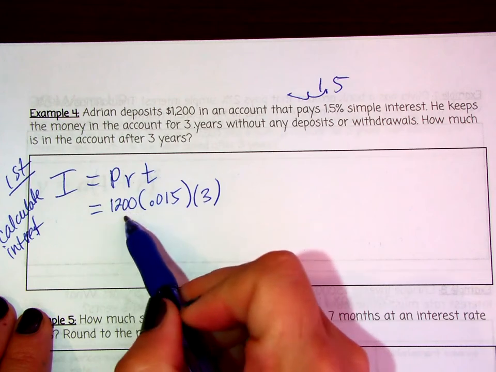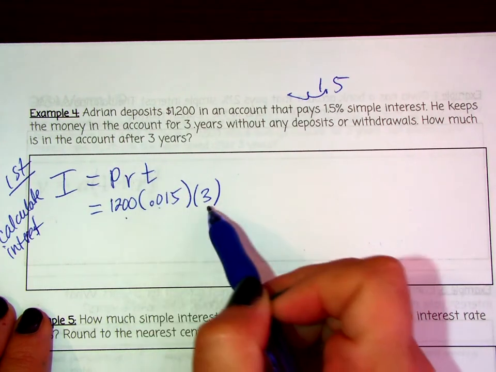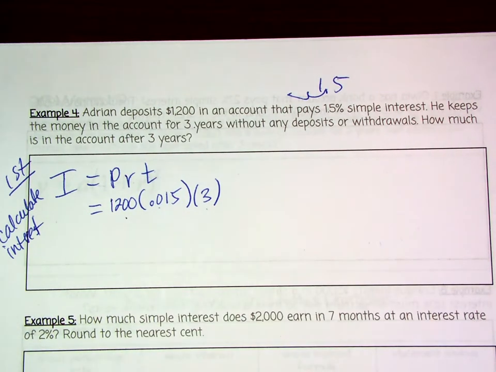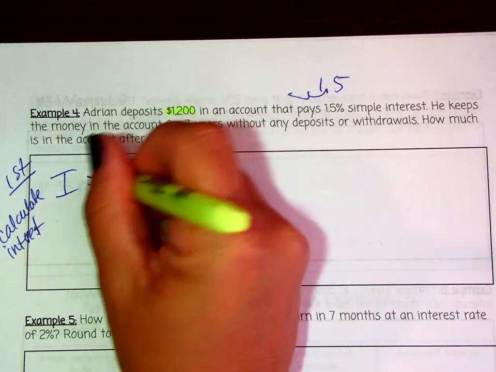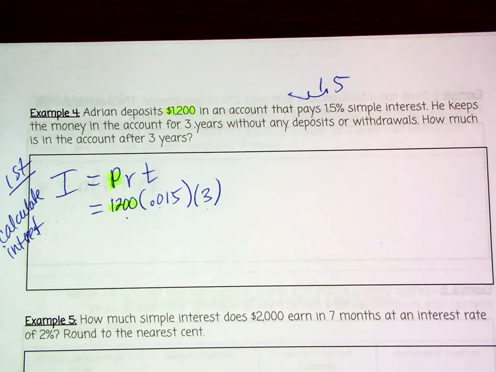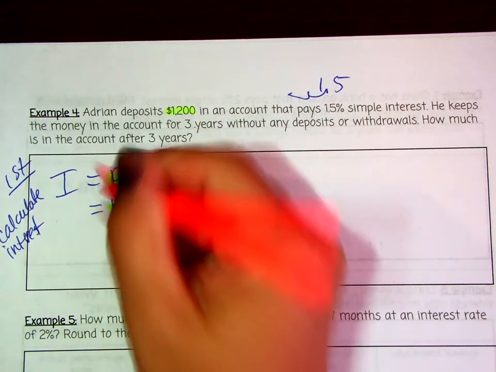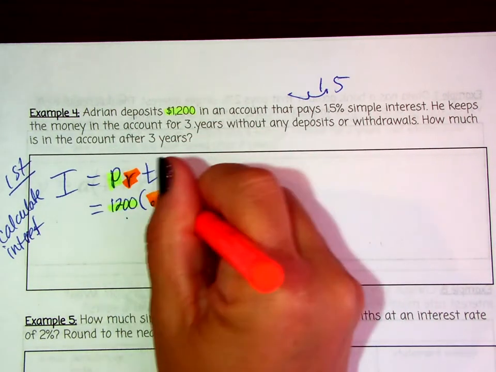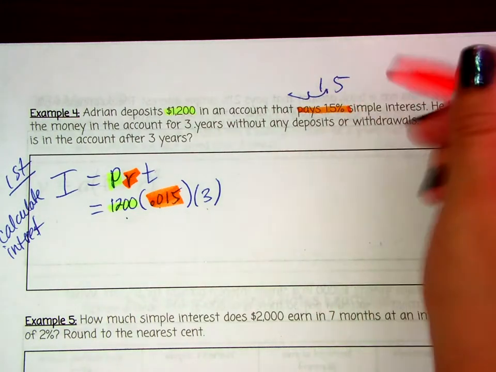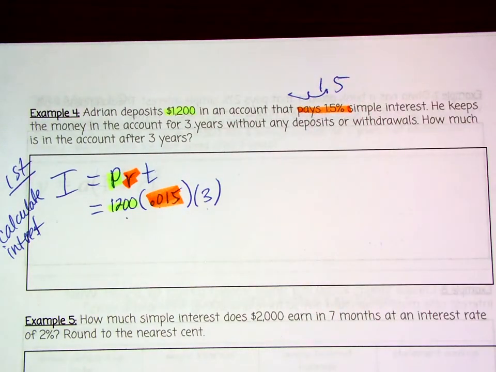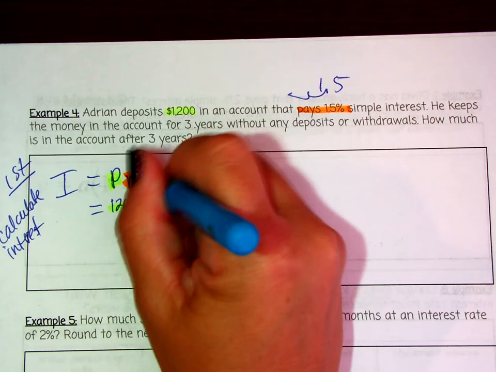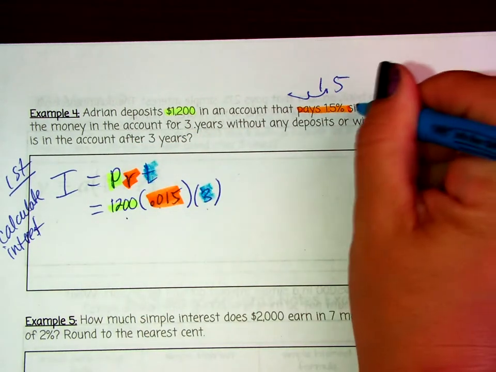So I plugged in the principal, the rate, and the time. And how do I know this is a simple interest problem? It says directly in the problem that it's simple interest.